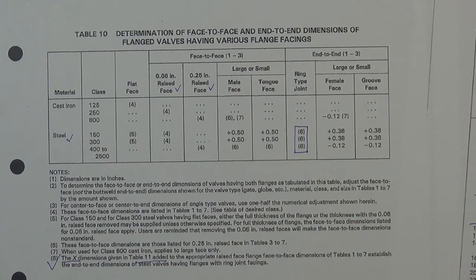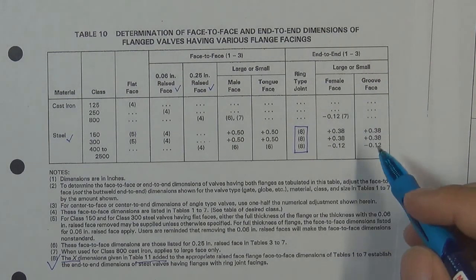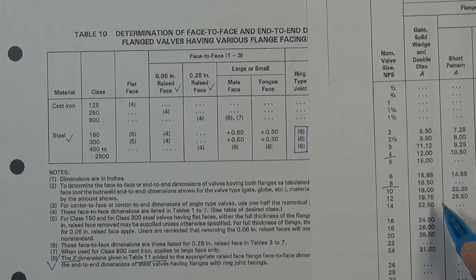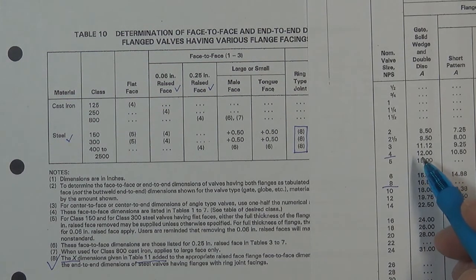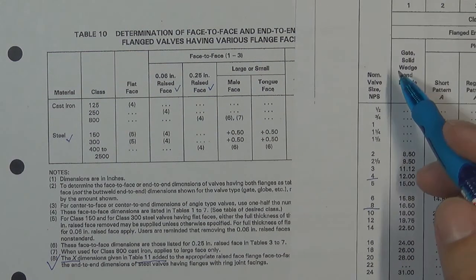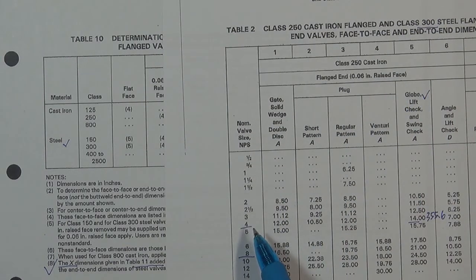And also if the valve uses groove face, you need to add 0.38 to 12 inch. So the valve length will be 12.38 inch long for this kind of gate valve, which is 300 pressure class, 4 inch.